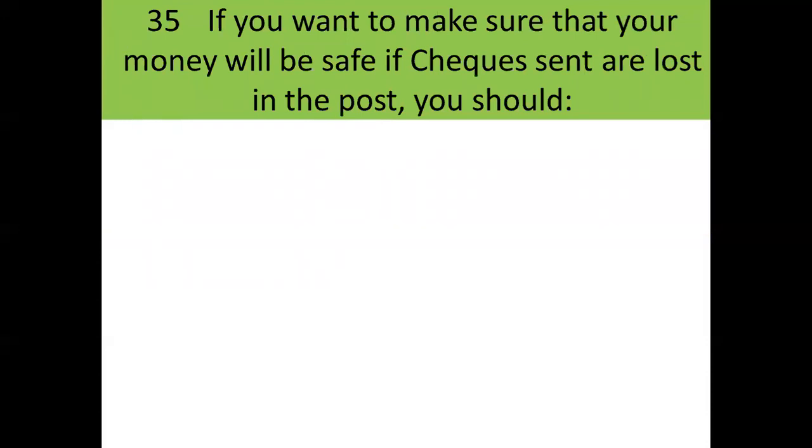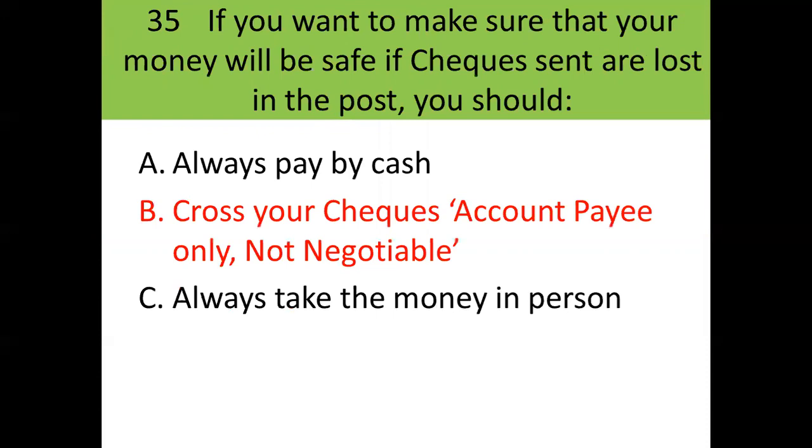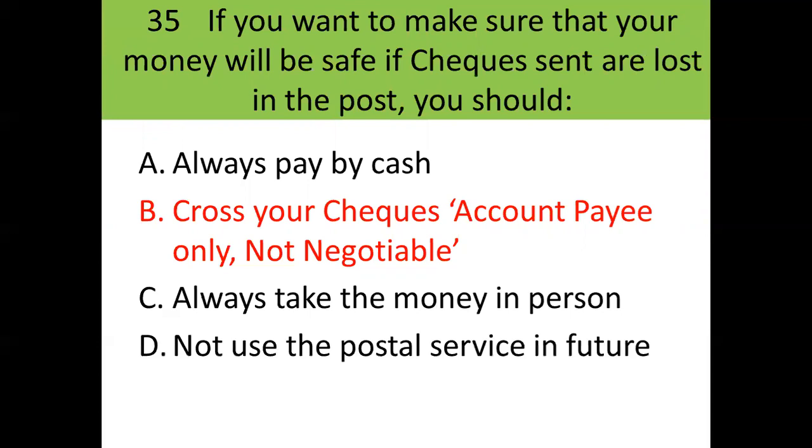If you want to make sure that your money will be safe if a check sent is lost in the post, you should cross your check: account payee only, not negotiable. This is in case your check has been lost in the post.